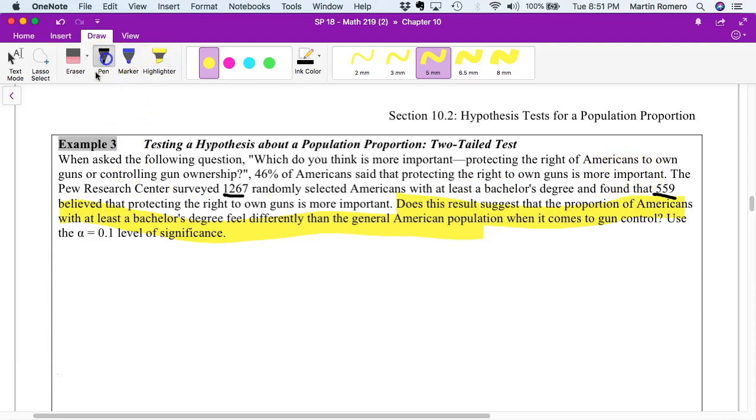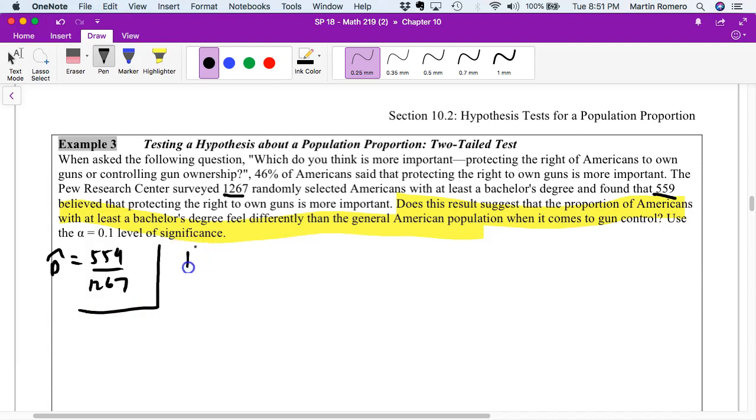Okay, so here we go. You start with your p-hat, which is going to be 559 over 1267. Our null hypothesis is that the proportion who believe that is 0.46.